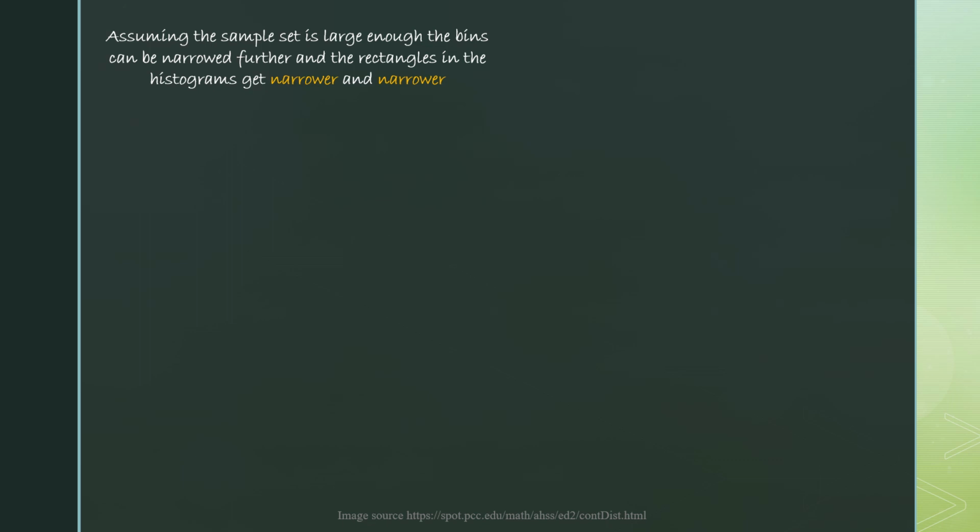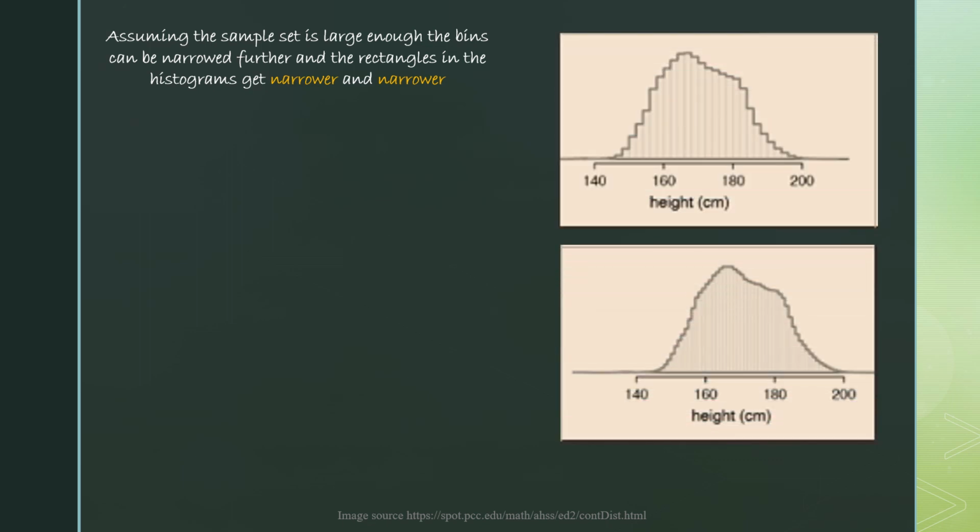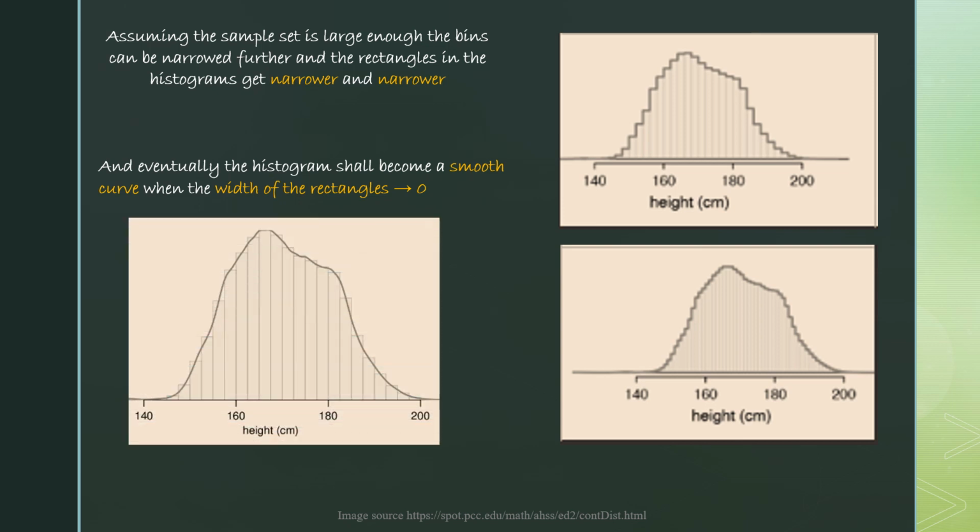Assuming the sample set is large enough, the bins can be narrowed further and the rectangles in the histograms get narrower and narrower. And eventually the histogram shall become a smooth curve when the width of the rectangle tends to 0, thus resulting in a continuous probability distribution.